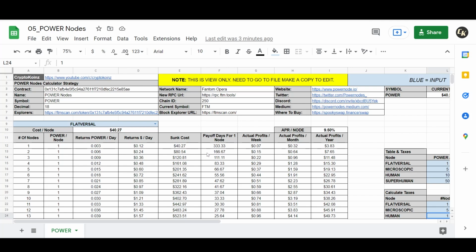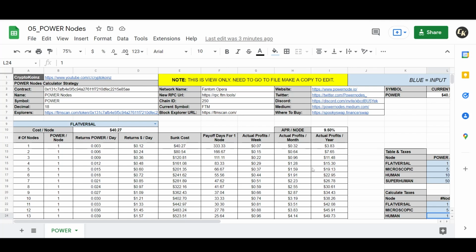And if you were to stick with 2 nodes, in a year you will be making 15 cents per week, 64 cents per month, and $7.65 per year. And that is an APR of 9.50.